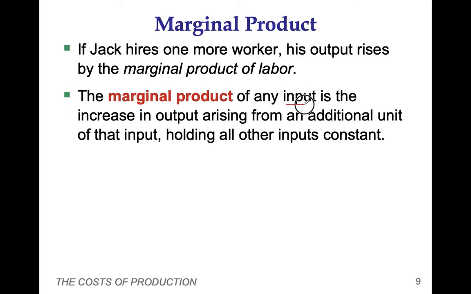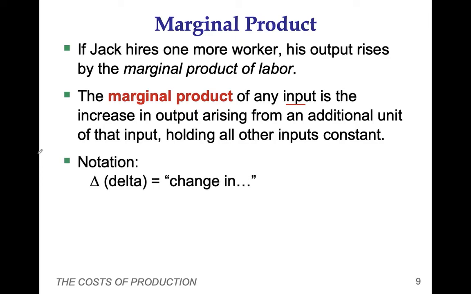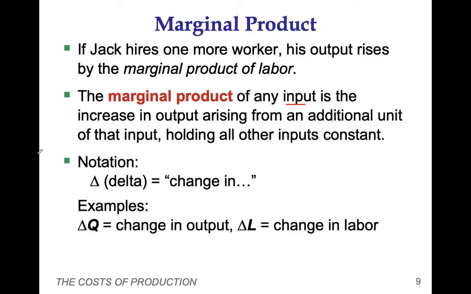The marginal product of any input is the increase in output arising from an additional unit of that input, holding all other inputs constant. So if we notate delta as representing a change in a variable, then delta Q represents the change in output, and delta L represents the change in labor.